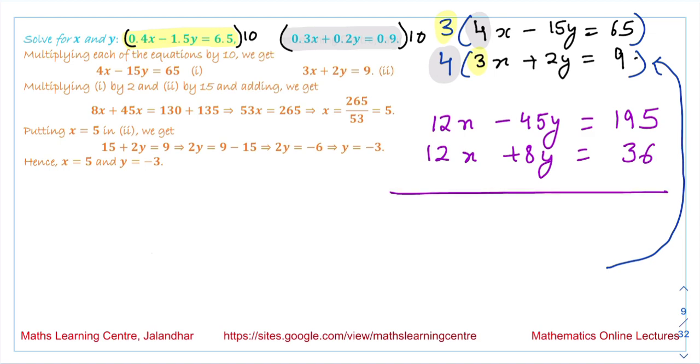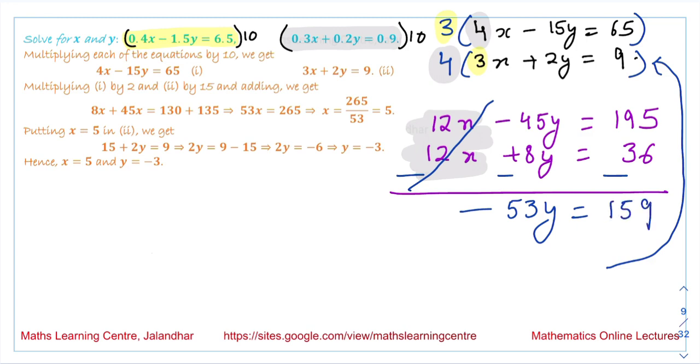We have to eliminate these terms x, so we are going to subtract these equations. These two get cancelled and over here we will get minus 45 minus 8, which is minus 53y, equal to 195 minus 36, that is 159.